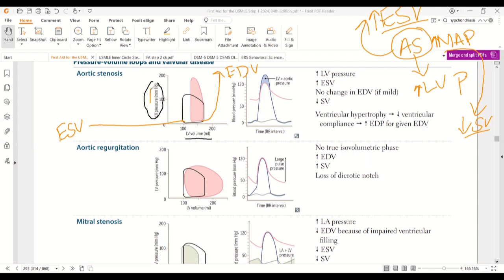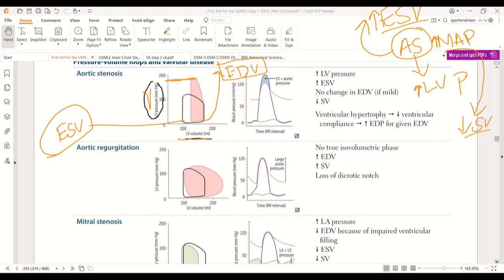So this is left ventricular pressure, this is left ventricular volume, this is the normal end-systolic volume, and this is the normal end-diastolic volume. In aortic stenosis, the pressure of the left ventricle is increased.